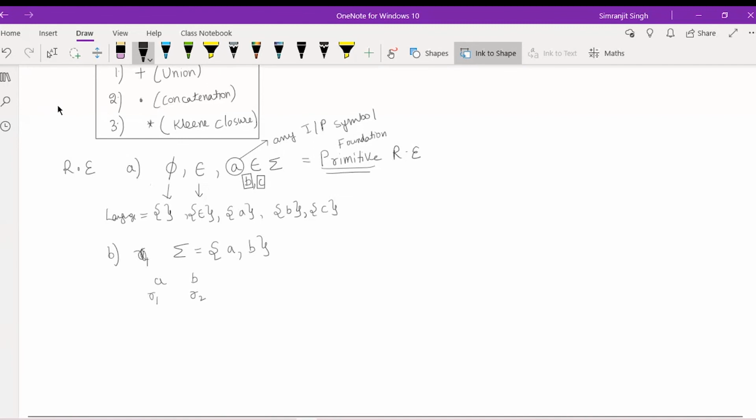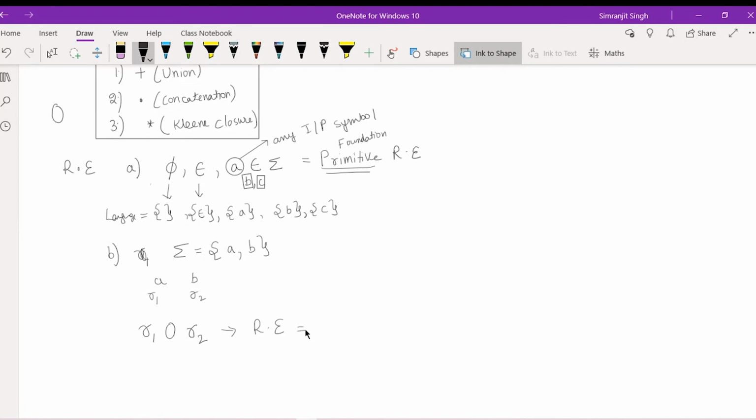If I apply any operation between R1 and R2, then it automatically becomes a regular expression. So the operations can be R1 plus R2, this is your regular expression.